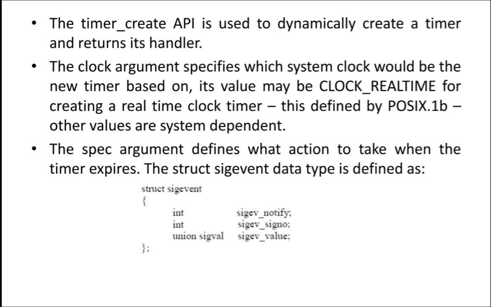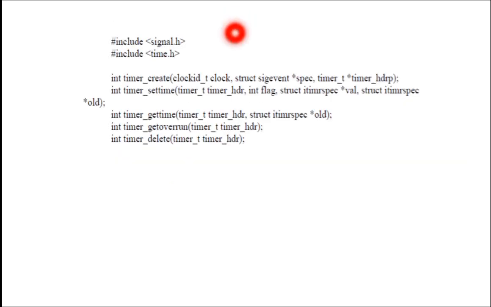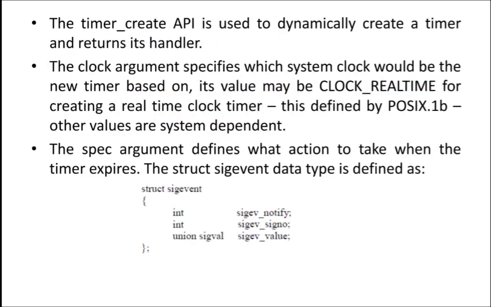Next, what is the second argument? You can see here the clock argument is there. The clock argument specifies which system clock would be the new timer based on its value. For example, maybe clock real time for creating a real time clock timer.